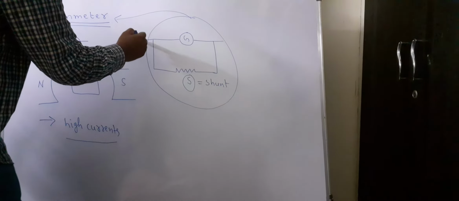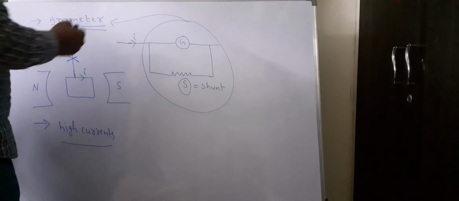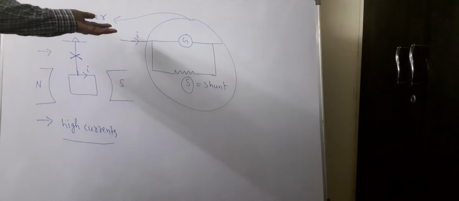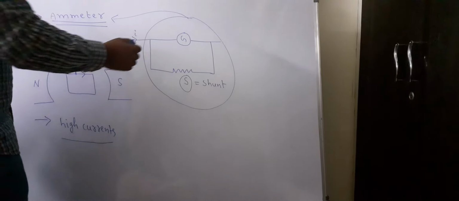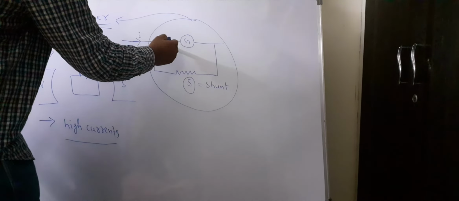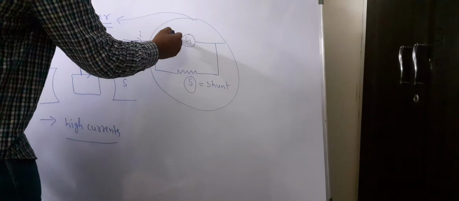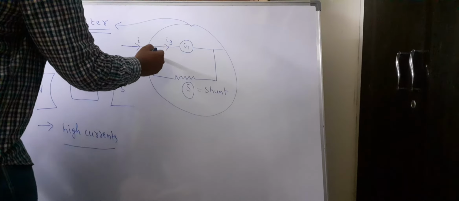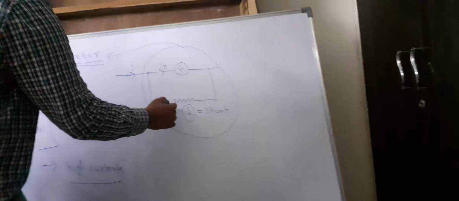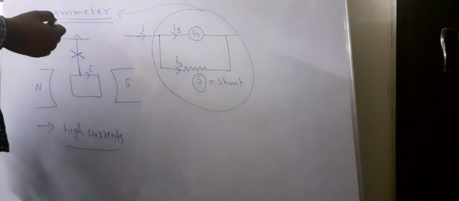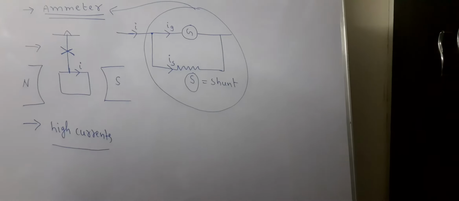Here the total current passing through the ammeter is I. At this point I splits into two parts. The current passing through the galvanometer is IG, and IS means the current passing through the shunt.